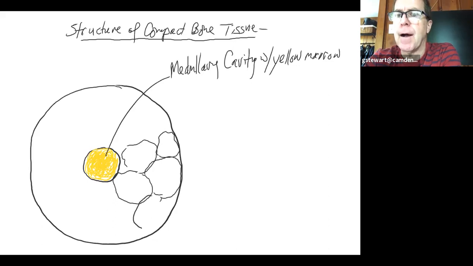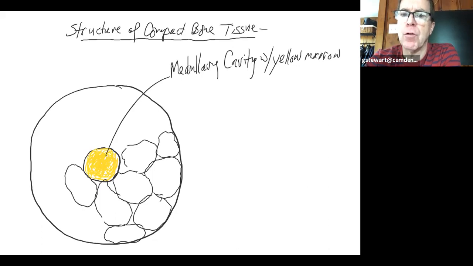I'm not going to go all the way around the bone. It would take me too long. But what we see are these very faint ring-like structures, and they're called units of compact bone growth. So each one of these is a unit of bone growth, and there's a small hole in the center of these units. My pen's giving me some trouble.